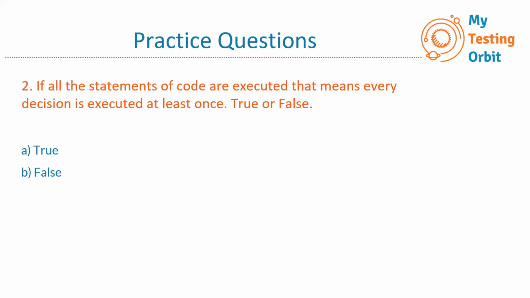So if it was the other way around, then we could say that it's true, but in this case, it's false. Yes, Jatin, you are right. 100% statement coverage is not covering 100% decision coverage. That's correct. Okay, so yes, it can be confusing, but these kinds of questions do come in the paper.